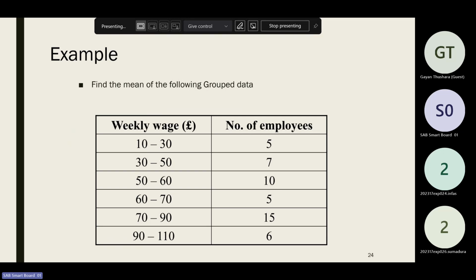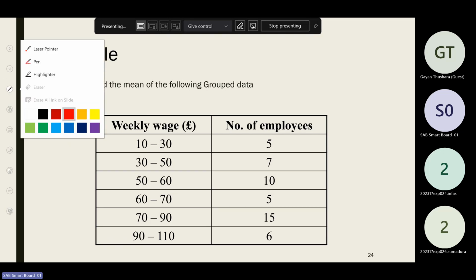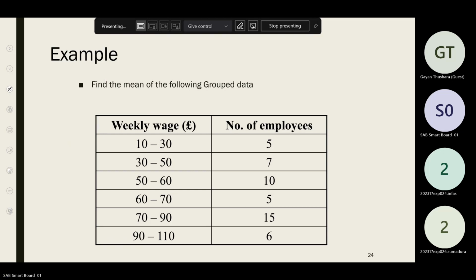If it is sample group type, then which formula do we use to get the average? X bar equals sigma Fm over sigma F.